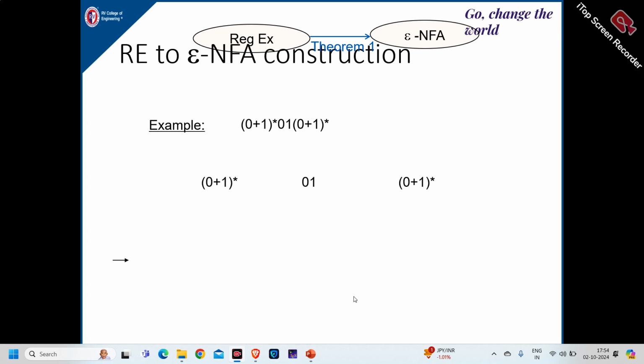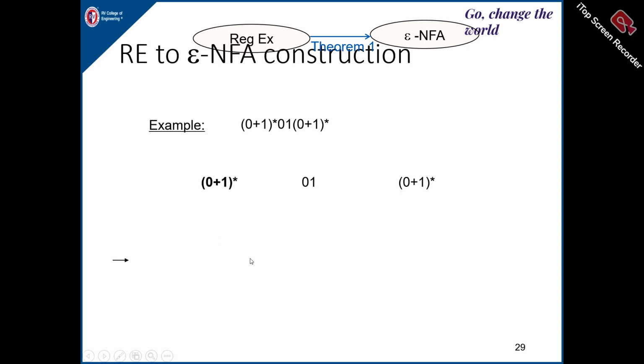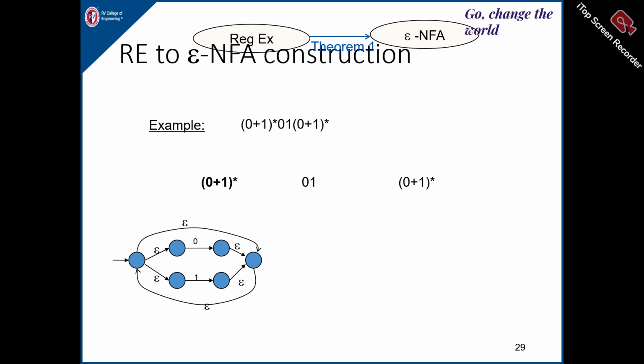The epsilon NFA will be, so this is 0+1, and whenever it is plus it is a parallel connection. I have added a new start state with epsilon transitions to the start states of 0 and 1, and added a final state, and because it is star I have added the epsilon transitions here as well as here.